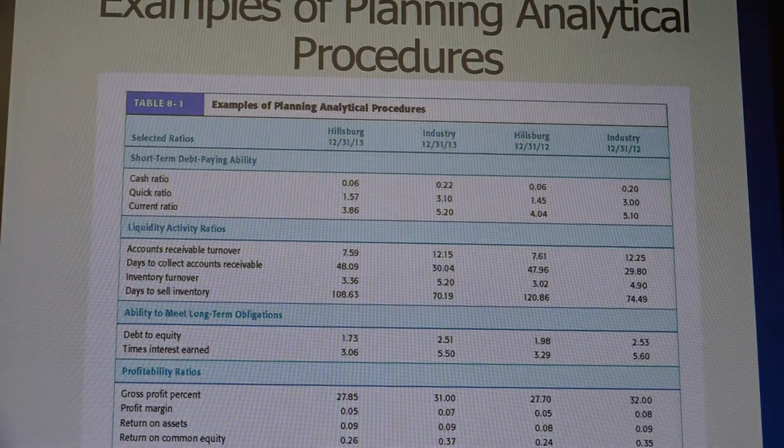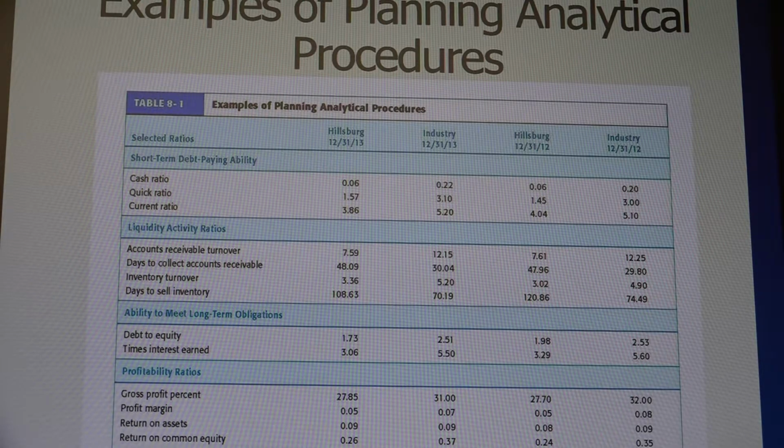And so in the book, we have this table 8-1 that shows this Hilberg company to the industry for a couple of years. And so you've got your different types of ratios: short-term debt-paying ratios, that would be liquidity ratios.